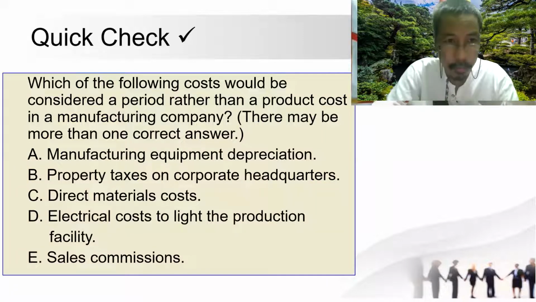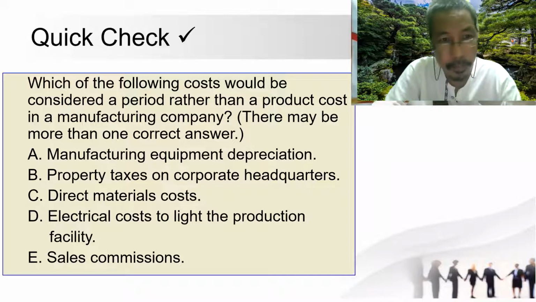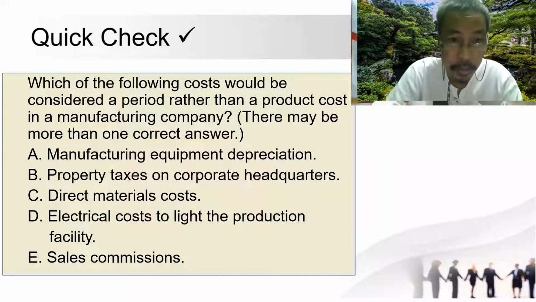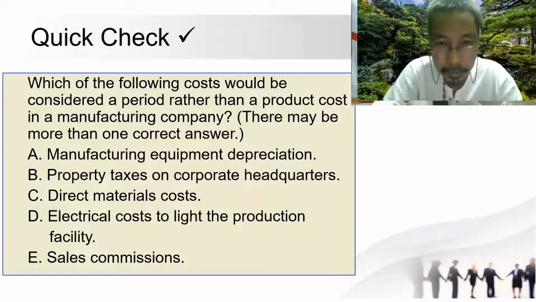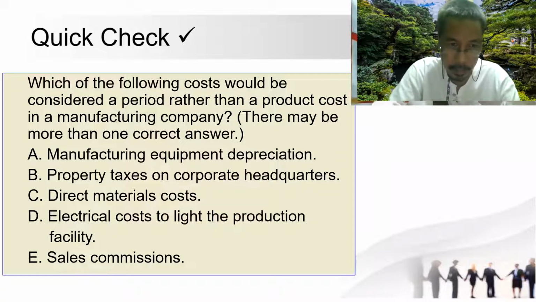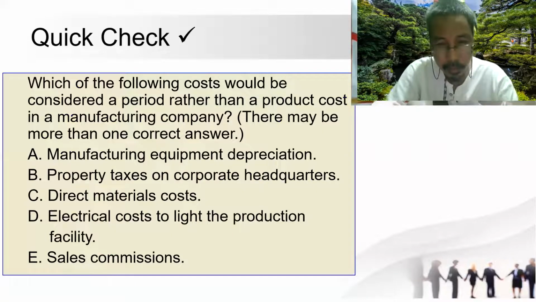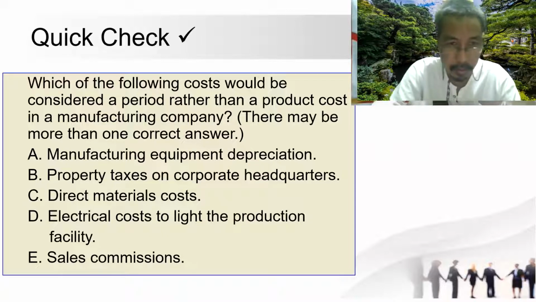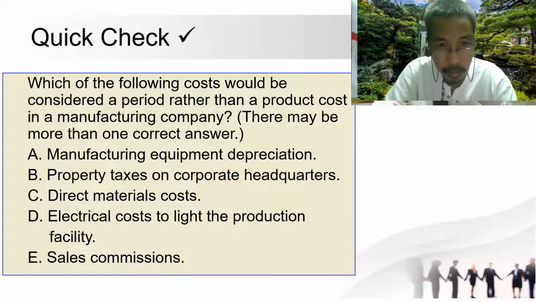Let us review the concept. Which of the following costs would be considered a period rather than a product cost in a manufacturing company? Okay, letter A, manufacturing equipment depreciation. Product cost versus period cost. So we are looking at period cost.